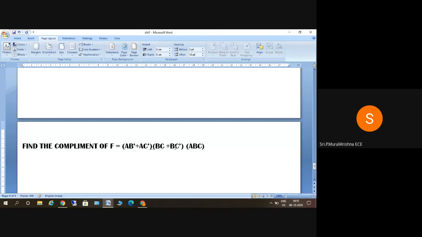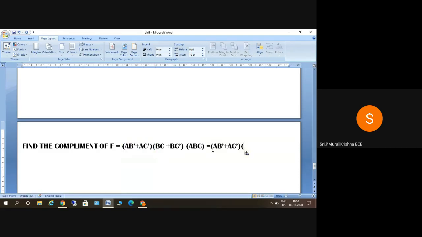In the competitive exams you may be asked for this, where equations contain values. Sometimes we have to simplify that equation and find the complement of that. So what I can do here is simplify this equation. There is no need of simplification for this.